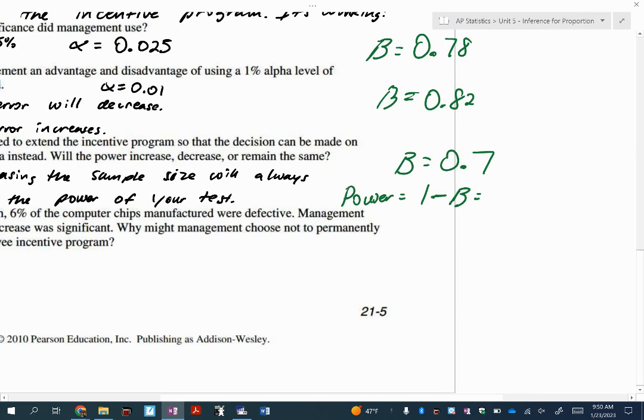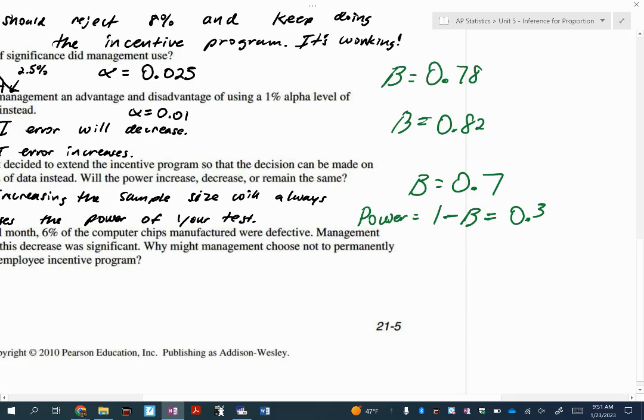You do not need to know how to calculate it. So this is going to be 0.3. What was the power of the test for this one? 0.22. Not 0.3, right? For this one? 0.18. Not 0.3. So what happened to it? The best power of our test was for the increase of the sample size. Okay? Again, Thomas, you're right. No math needed.